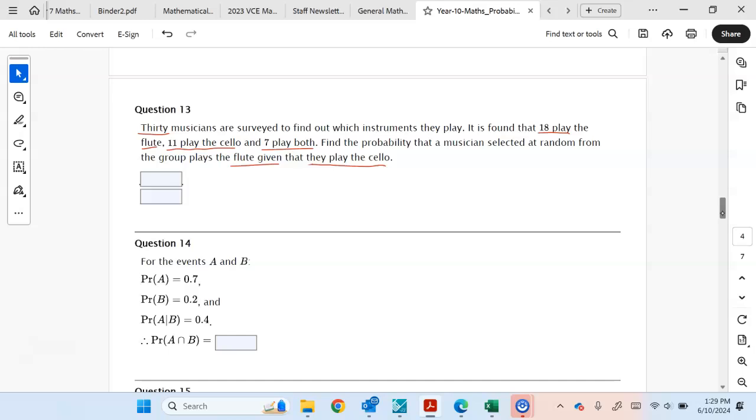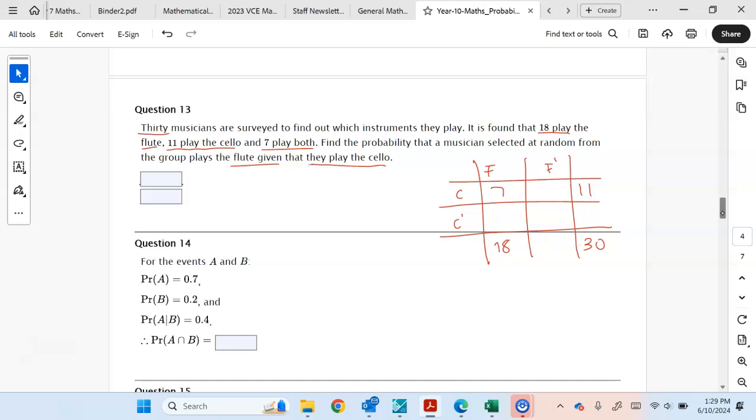So we can have flute, not flute, cello, not cello. Two-way tables, I just reckon, are the best. We've got 30 musicians, so 30 goes there. 18 play the flute, 11 play the cello, and 7 play both.